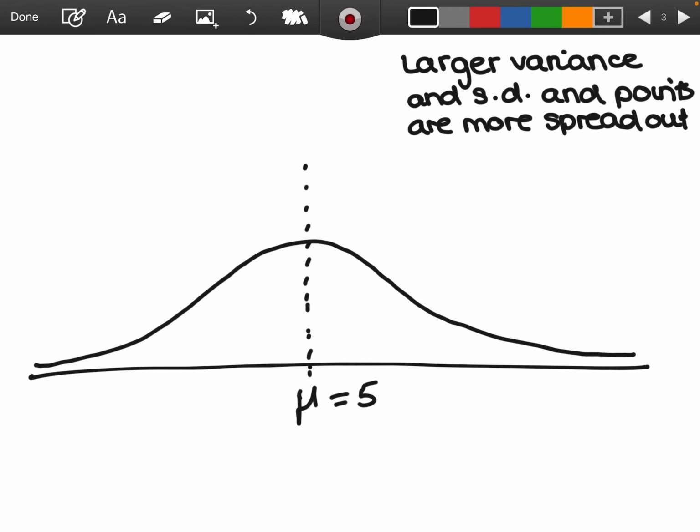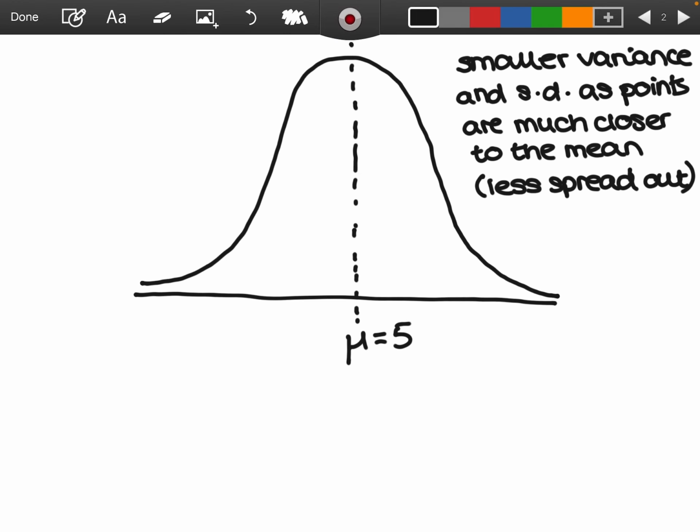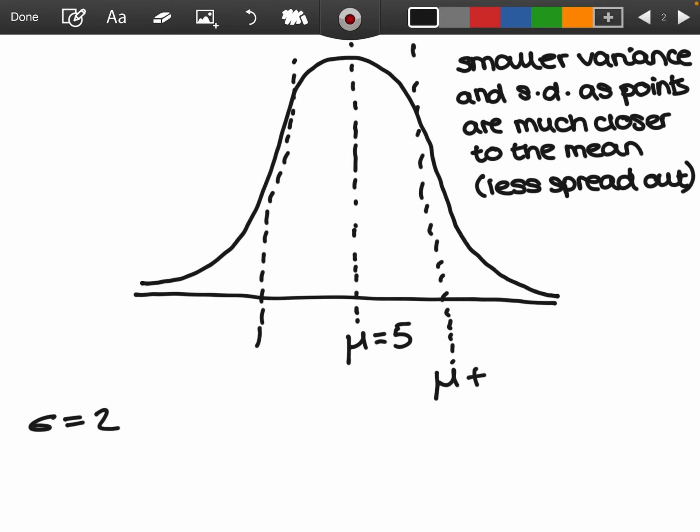What you tend to find is that roughly 2/3 of your data points will be within one standard deviation of the mean. So if I figure out that here, again, this is not accurate, but let's say I figured out that my standard deviation here was 2.